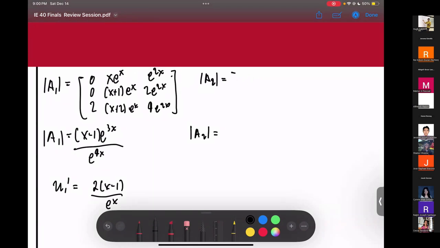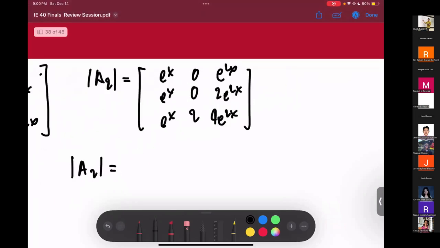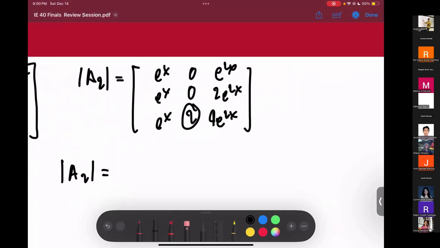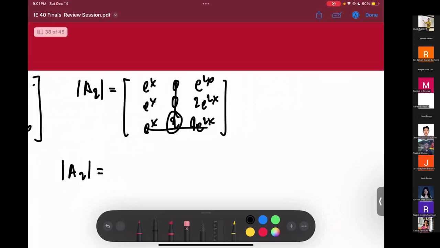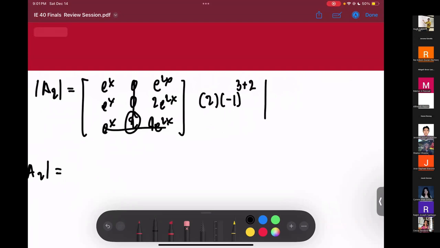A2. But you just have to repeat this process 3 times. So e to the x, e to the x, e to the x. 0, 0, 2, e to the 2x, 2e to the 2x, and then 4e to the 2x. Right? For me, I used cofactor method because we can use 2 here. The zeros yung iba. So nagka-cancel lang siya. And then we basically get 2 times negative 1 is the third row and the second column. And then the determinant of e to the x, 2e to the 2x.